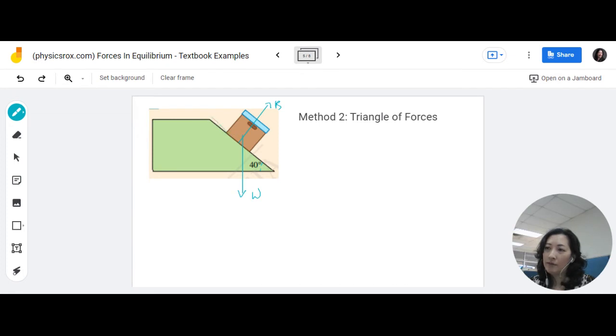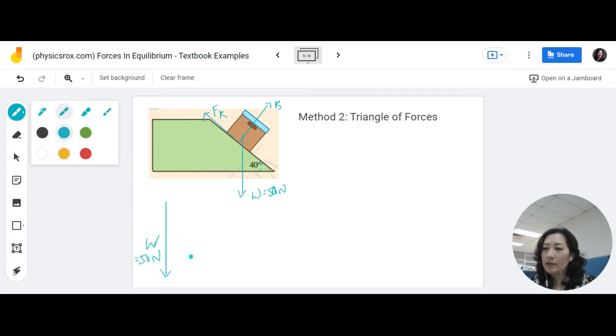Let's put it closer to the surface. Friction. Okay, in this case, weight line is here. W, which is 50 Newton. I'm just going to add that in, 50. And R is here and FR is here.